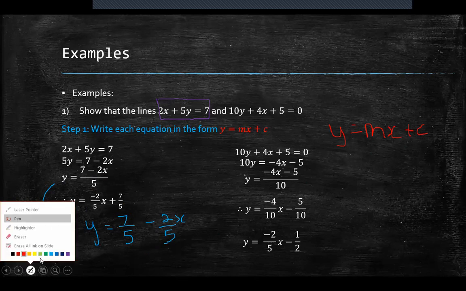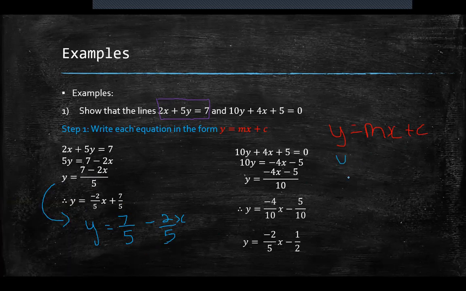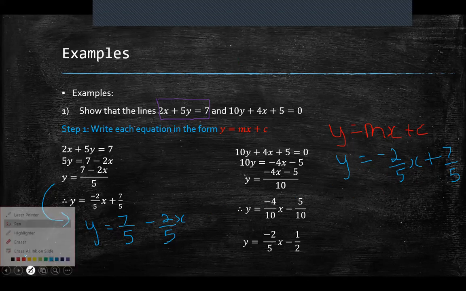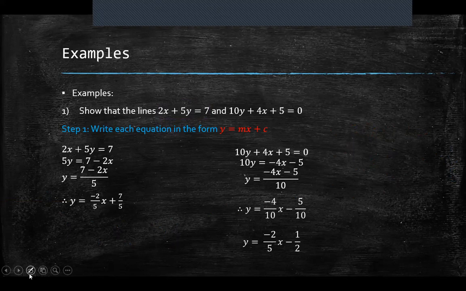So that's why I put y is equal to minus 2 on 5 x, so minus 2 on 5 is my gradient, plus c, which in this case is 7 on 5. So everybody understands how I got y is equal to minus 2 on 5 x plus 7 on 5? Yes, miss. All right.